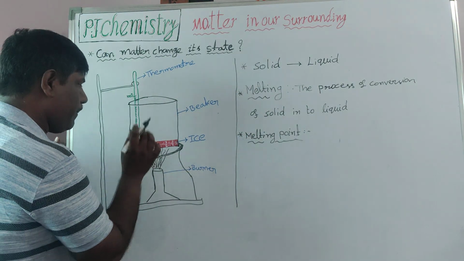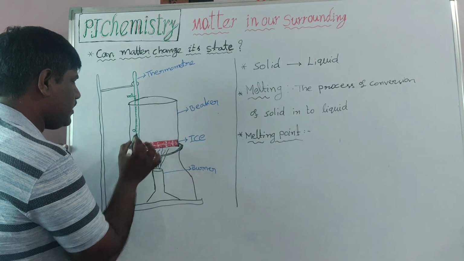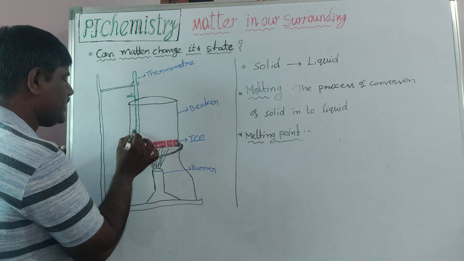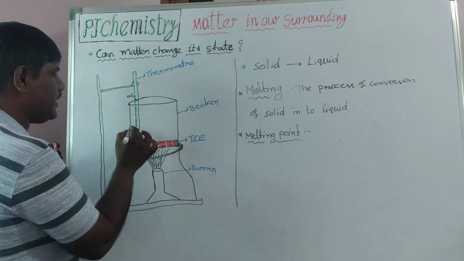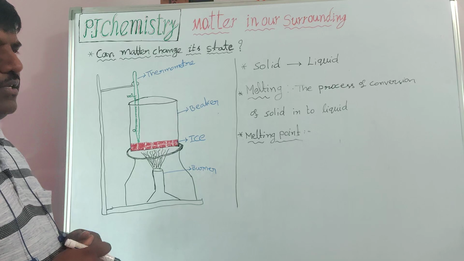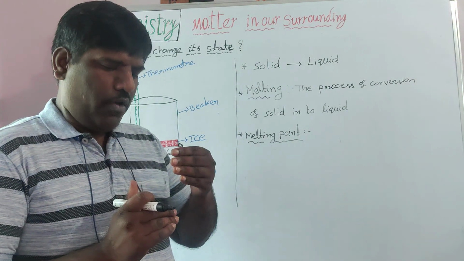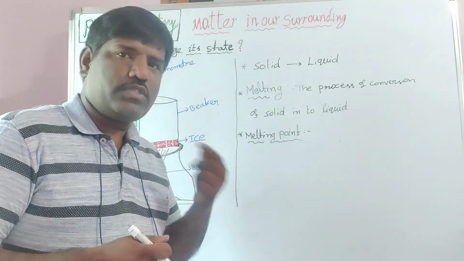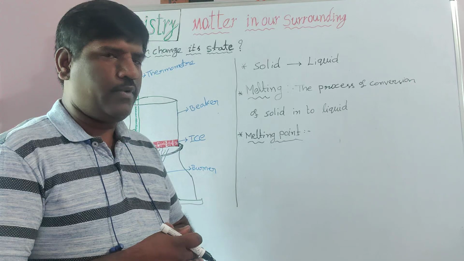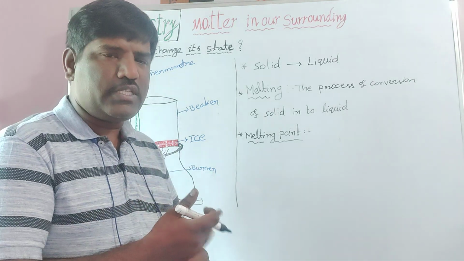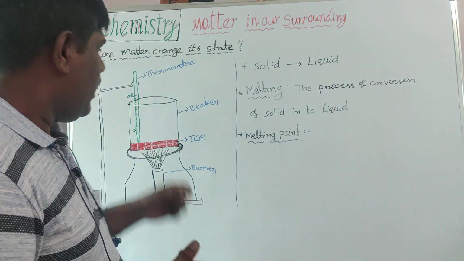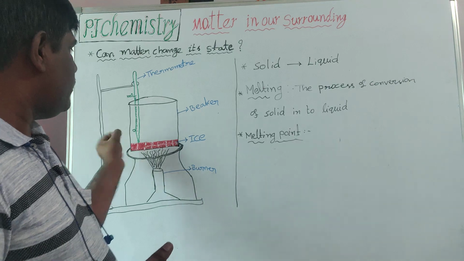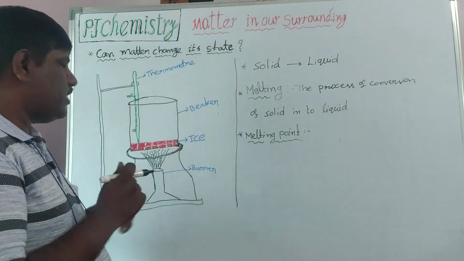Once melting starts, at that particular temperature we notice 0 degrees Celsius in the thermometer. Once every molecule has reached 0 degrees Celsius, from below 0 to 0 degrees Celsius, the surface of the water molecules starts to melt.